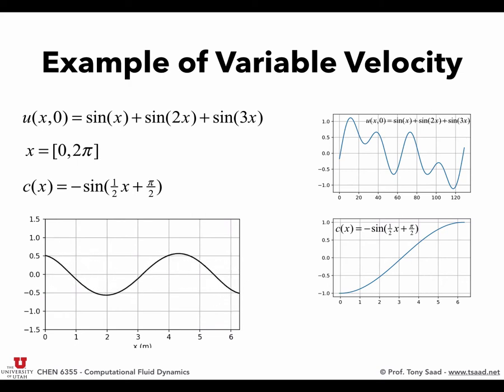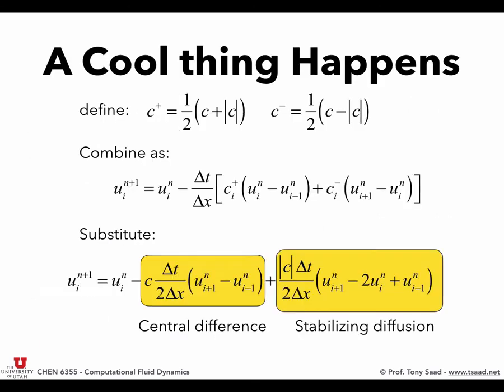Okay. Now a cool thing happens when you do this. When we combine the two, if we go and substitute C plus and C minus into this equation, what do you get? You get a clear description of the numerical diffusion introduced by the Upwind scheme.